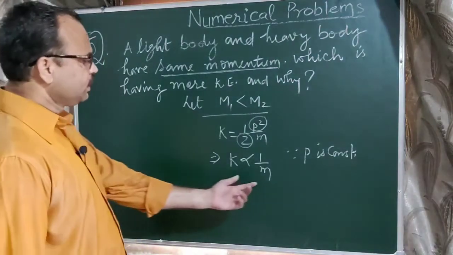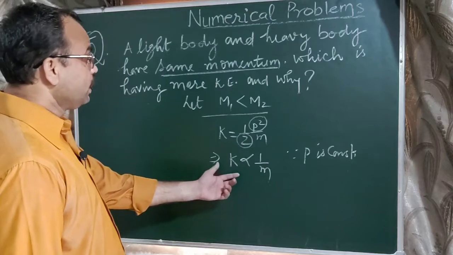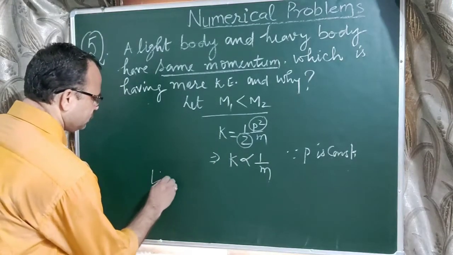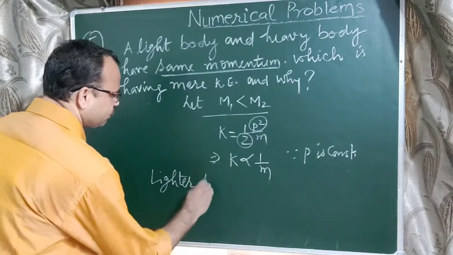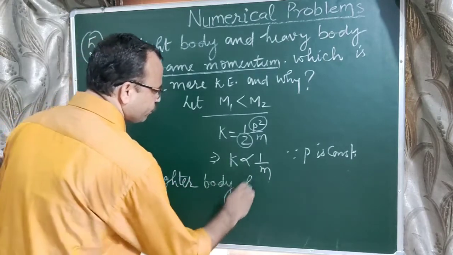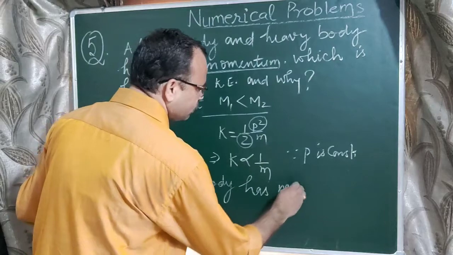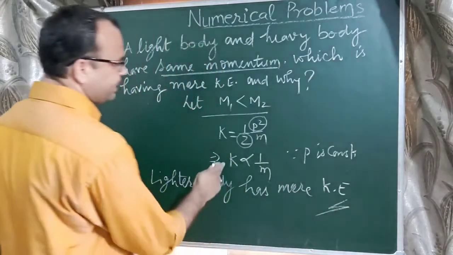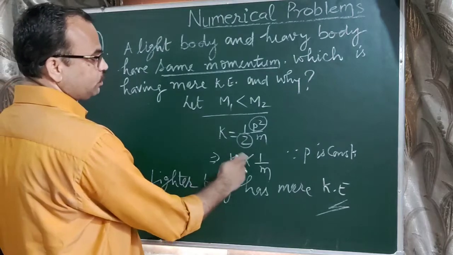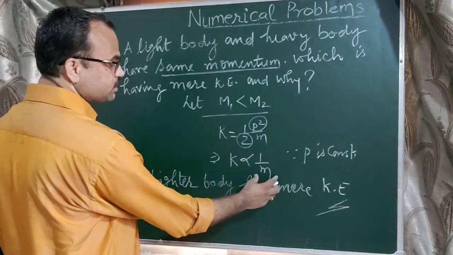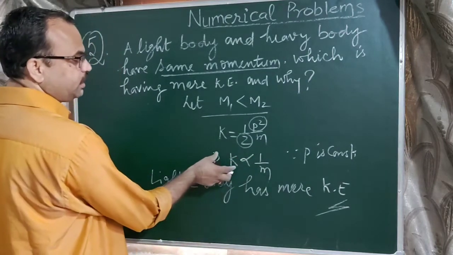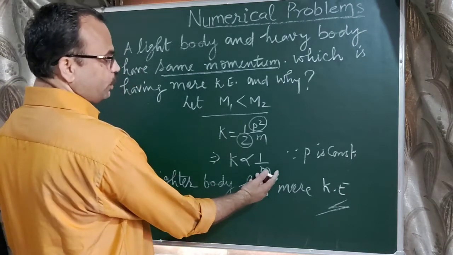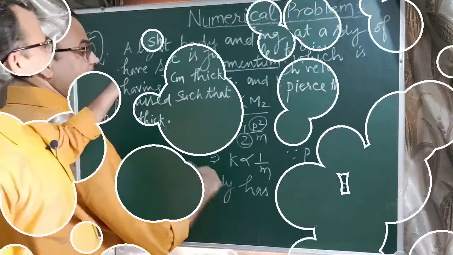We can say that lighter body has more kinetic energy, because kinetic energy proportional to 1 upon m, means as the mass increases then kinetic energy decreases. So smaller mass body has more kinetic energy.